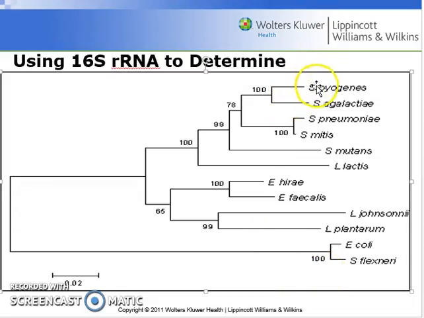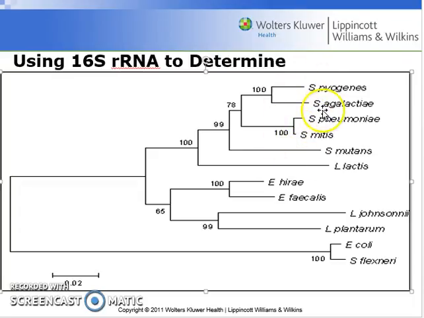So like S. pyogenes and S. agalactiae, and S. pneumoniae and S. mitis. These all are very closely related to each other. S. pyogenes and S. agalactiae are more closely related than S. pneumoniae and S. mitis, again based on the 16S ribosomal RNA comparisons.